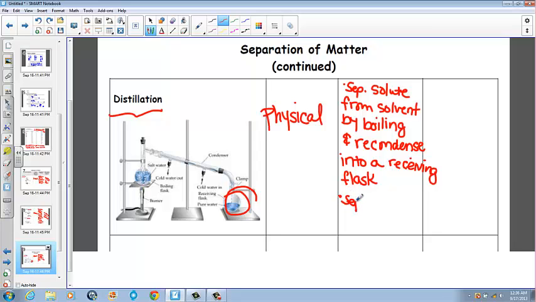Very useful for separating two or more liquids with different boiling points.